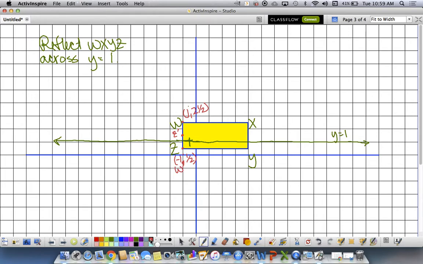What about X and Y? Y is a half below, so it's going to go a half above. So it's going to be Y prime. X is 1.5, so I'm going to go 1.5 below. So what does that shape look like? The reflected shape is now in pink. Could you give coordinates on that? Yes, you could.